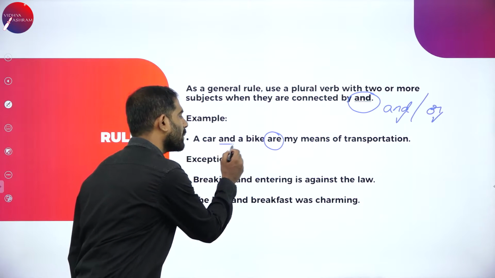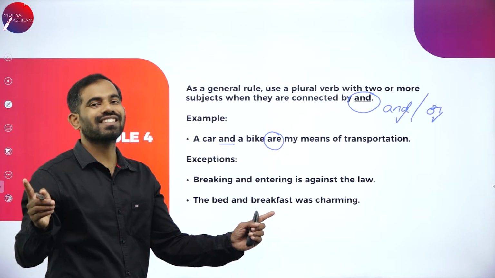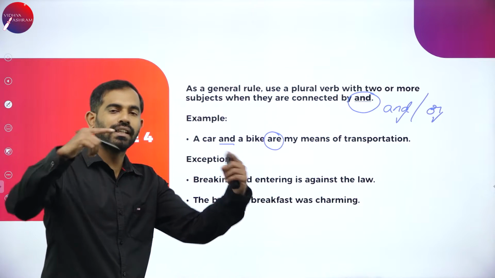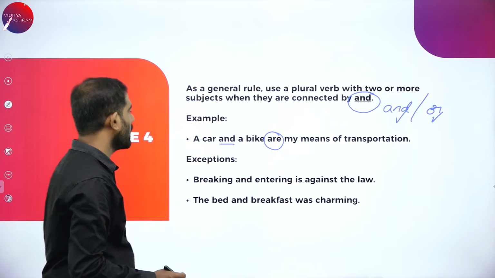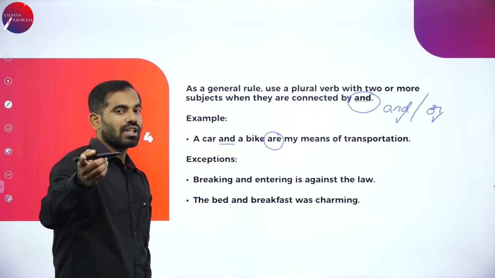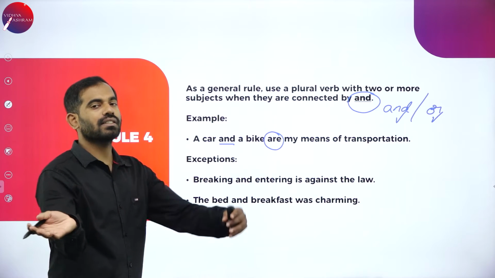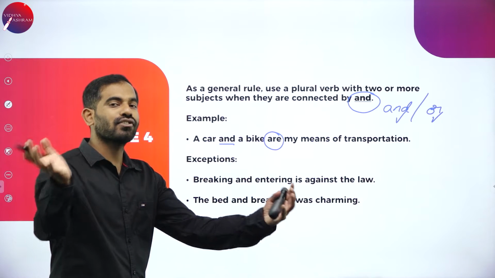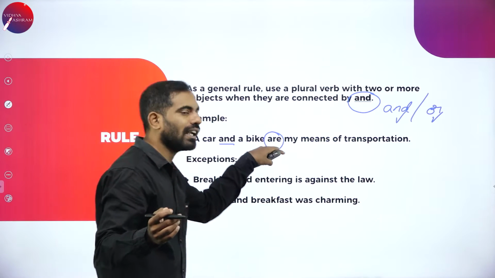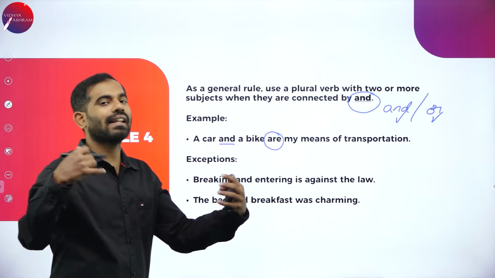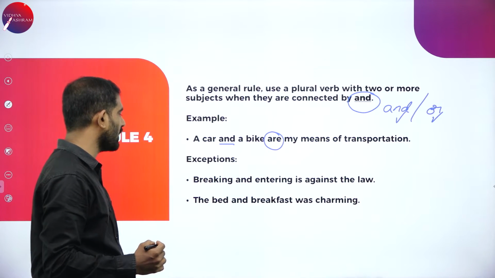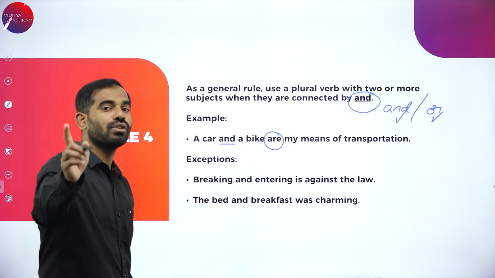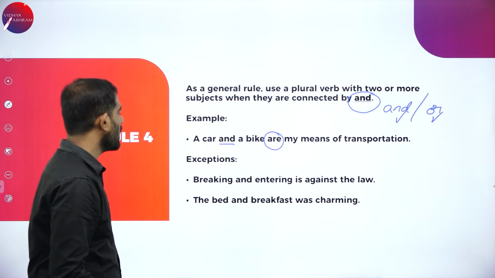We are clubbing two different subjects, and when they are connected, clubbed or joined, it becomes plural. Exceptions are there. It's not just when you connect two different subjects by using and that it becomes plural. There are exceptions as well that you need to remember. It is a mandatory concept that you should know the exception rules as well.